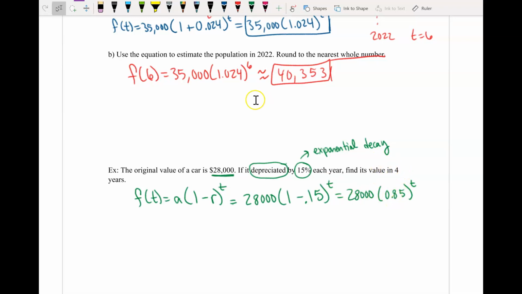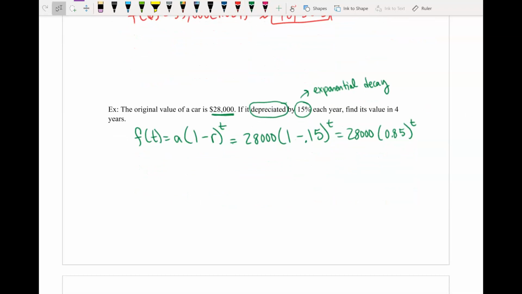Now we want to find the value in 4 years. So we're going to go ahead and plug in the value of 4. f of 4 is equal to 28,000 times 0.85 to the power of 4. So 28,000 times 0.85 to the power of 4.